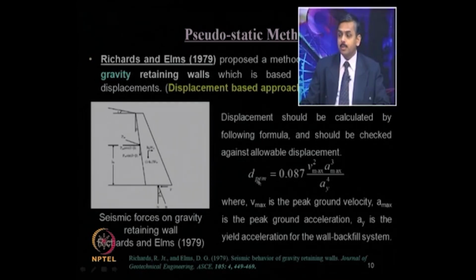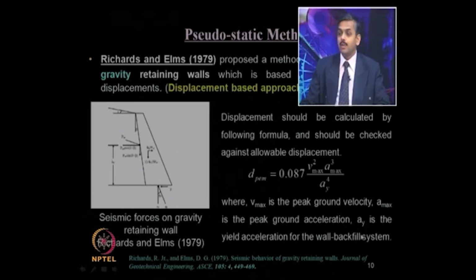So, the permissible displacement can be computed with respect to 0.087 V max square A max cube by A y to the power 4, where V max is the peak ground velocity, A max is the peak ground acceleration, and what is A y? A y is known as yield acceleration for the wall backfill system. What is yield acceleration? Let me describe it.